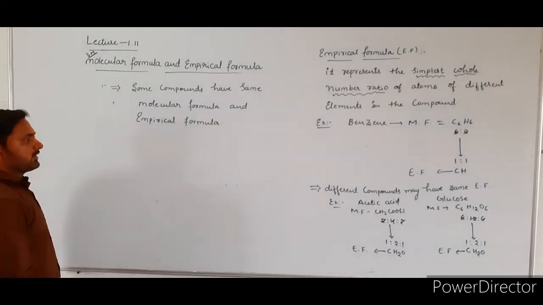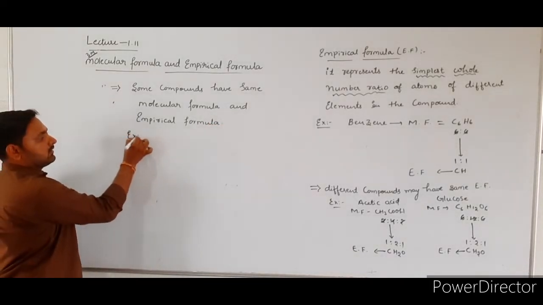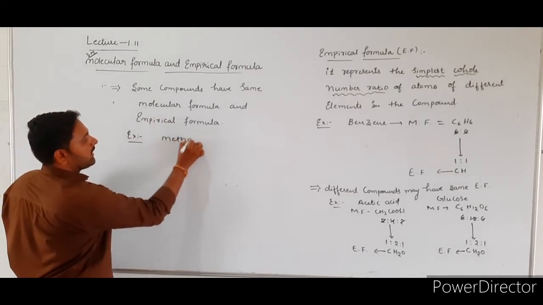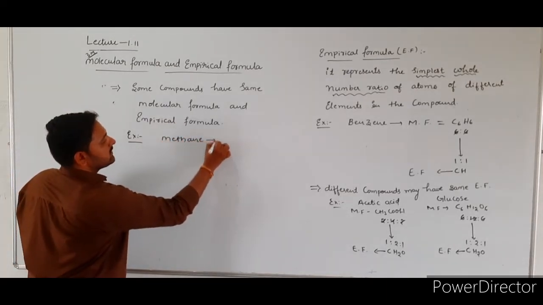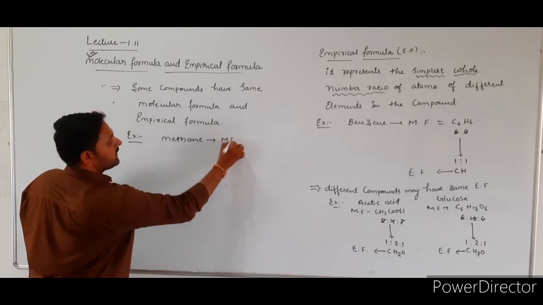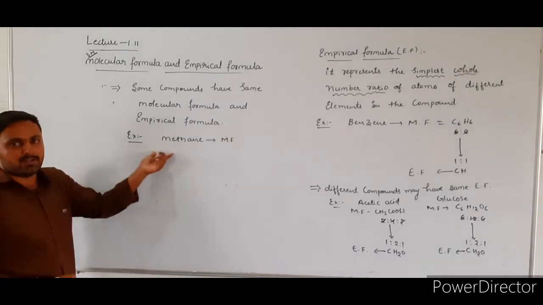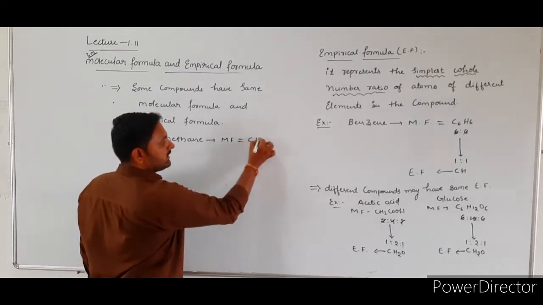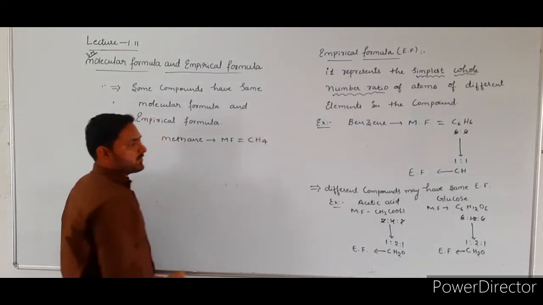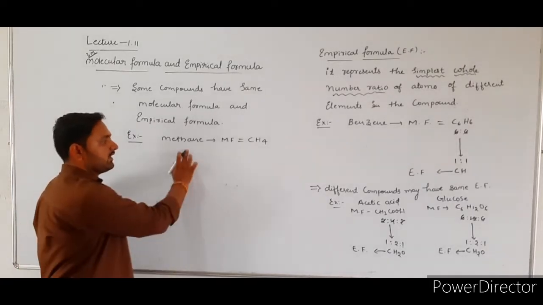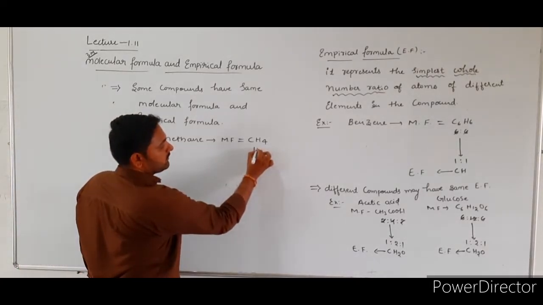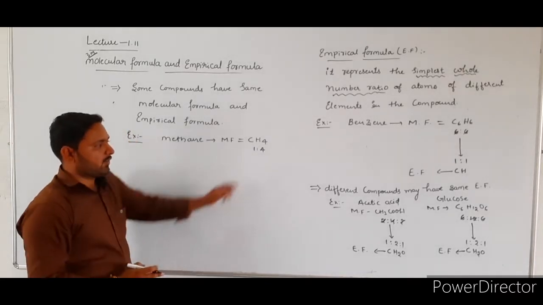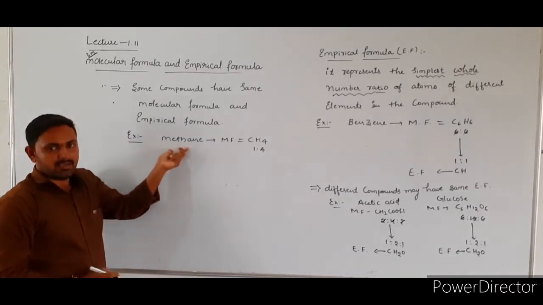Let us see one example. Methane. What is the molecular formula of methane? The molecular formula is CH4. What is the ratio of carbon and hydrogen in methane? 1:4. That means there is 1 carbon atom and 4 hydrogen atoms present in methane.